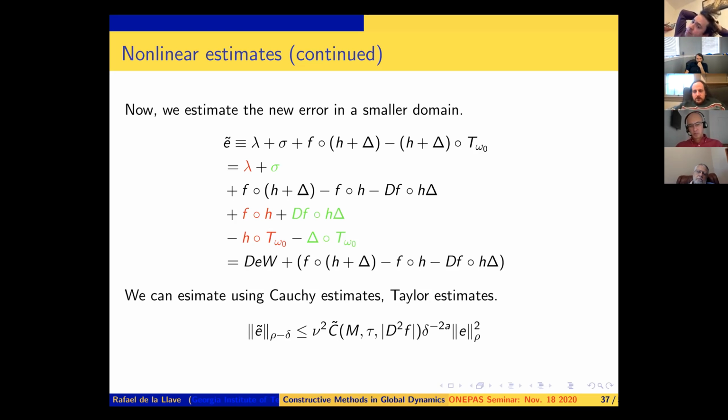Yes? So that's the crucial thing, that the terms in red are the error, and the sigma and the delta were chosen precisely so that they kill the error as much as possible, except for this term that they don't kill. Yes? Right?